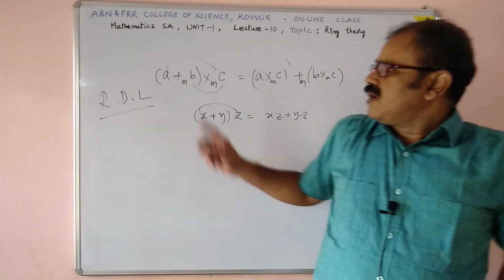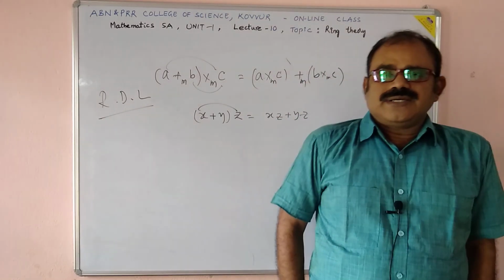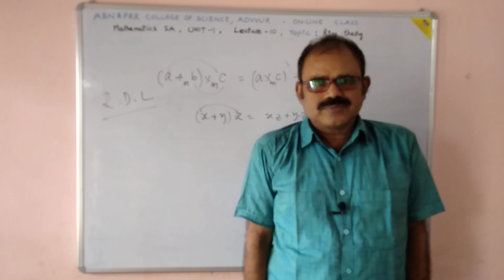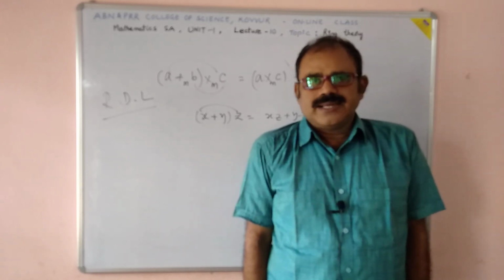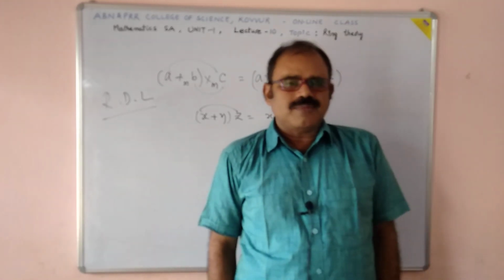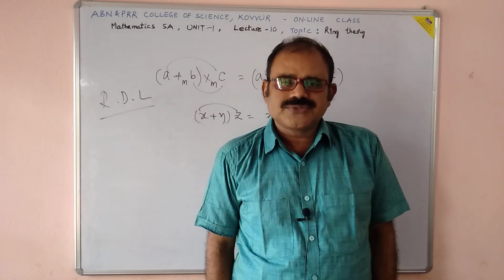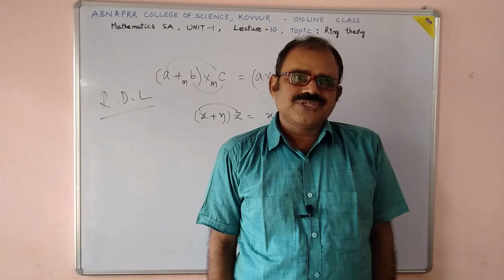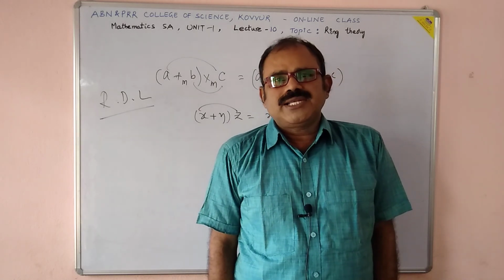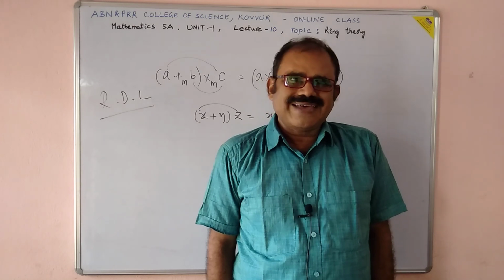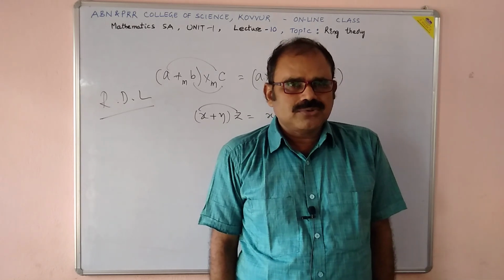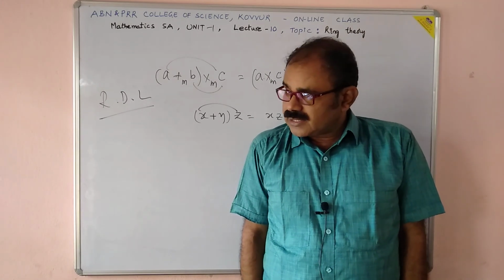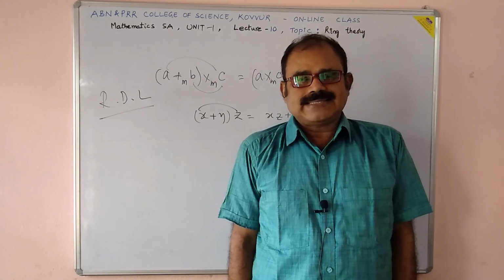So, addition modulo M is distributive with respect to multiplication modulo M. So, addition modulo is associative, commutative, multiplication modulo is associative, commutative, and addition modulo is distributive with respect to multiplication modulo. Left distributive law, right distributive law, both will satisfy. Thus, the distributive laws hold in case of residue classes.